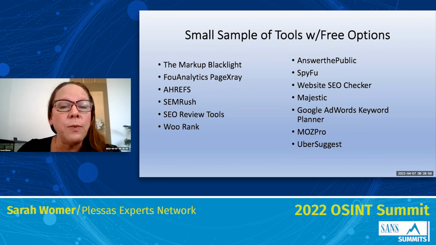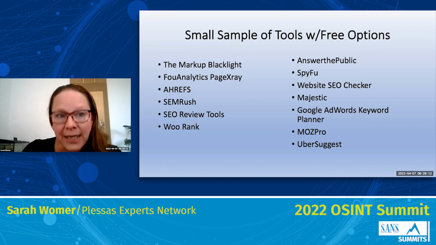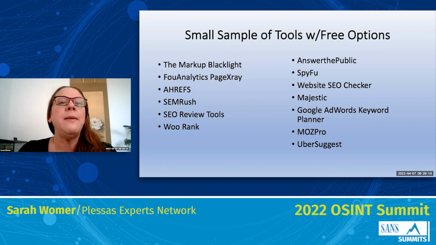So the one thing that I would like to point out with all of these resources is that whenever you have an OSINT collection plan, obviously you want to look at what resource you're using and where it's coming from, because that resource in and of itself can be collecting your queries and your data.